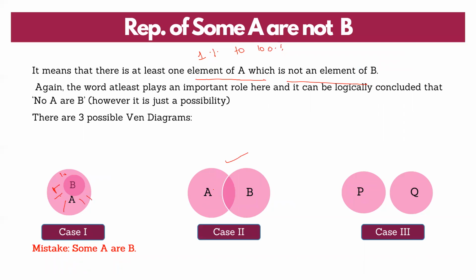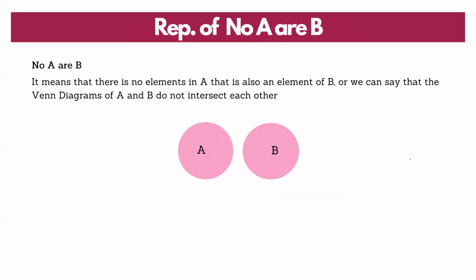We can represent it like this, that "some A are not B", two intersecting circles. And this could be the third case also. It should be A and B here, rather than P and Q. So A and B circles, both separated: some A are not B. It's difficult to draw the diagram, but for the sake of understanding, you should remember it.